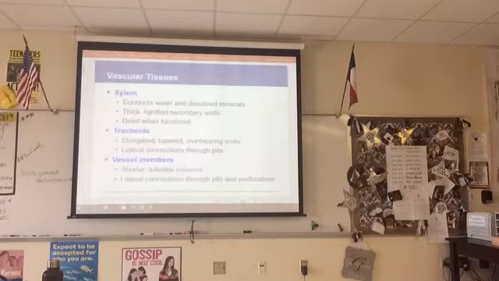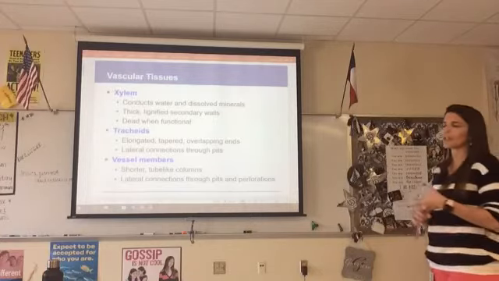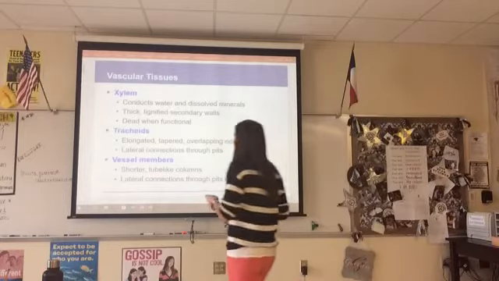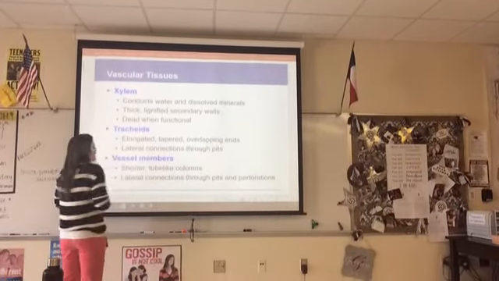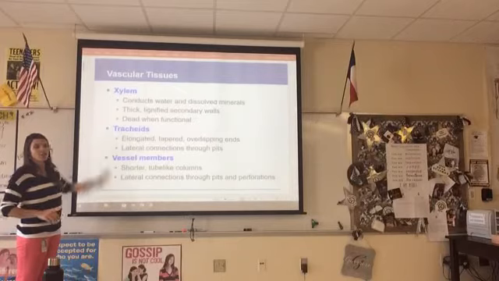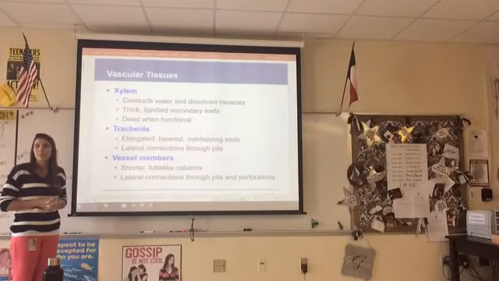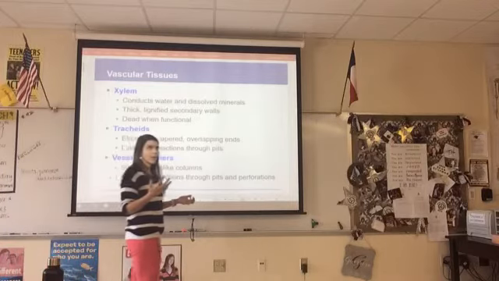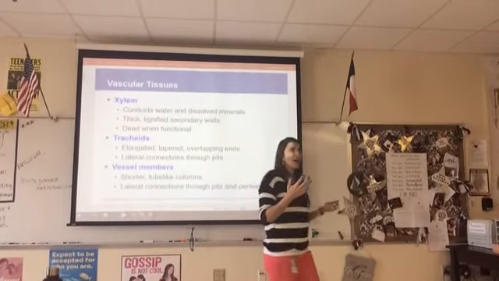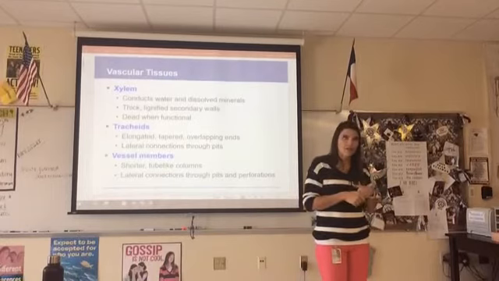Okay, now to vascular tissue. So what we just did was ground tissue: parenchyma, collenchyma, and sclerenchyma. Now we have vascular tissue. This right here is just talking about xylem. And the reason why I'm pointing that out is because we call it xylem, but there are smaller parts of that vessel.